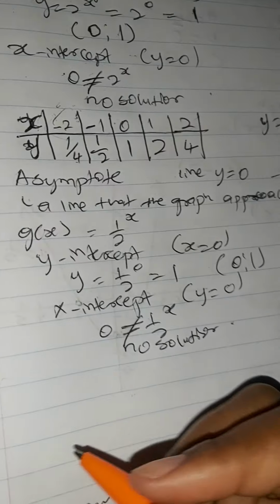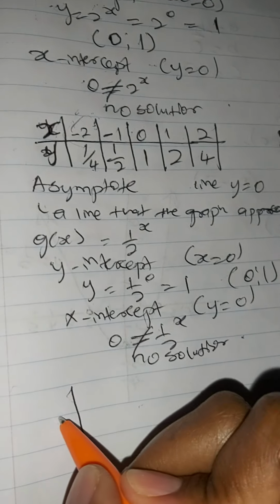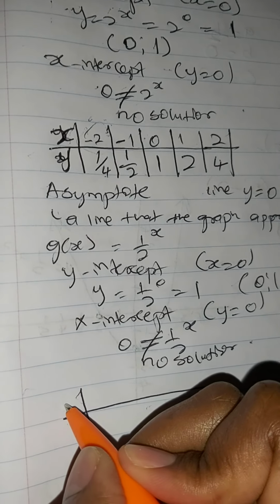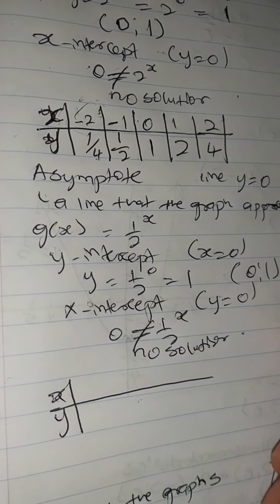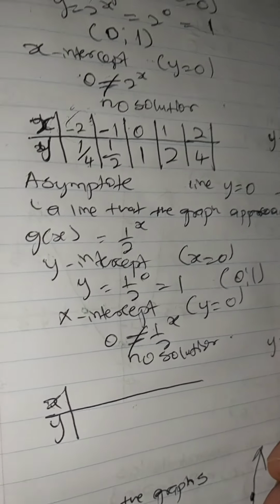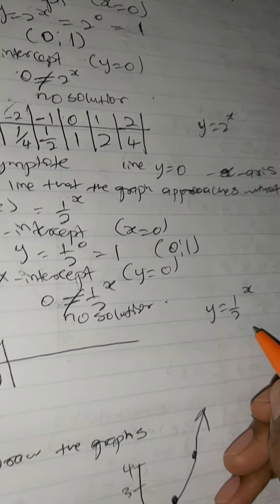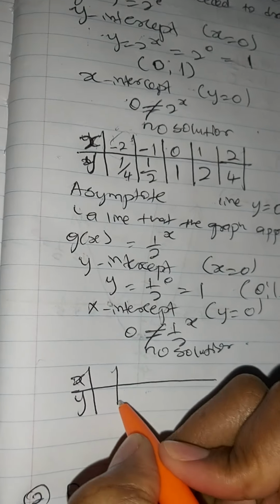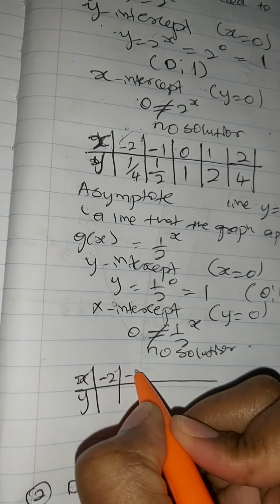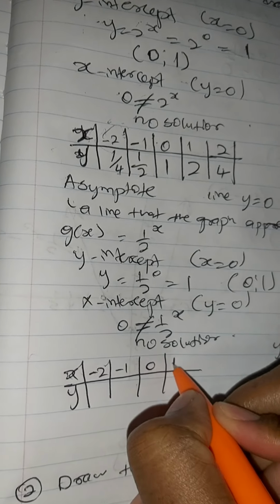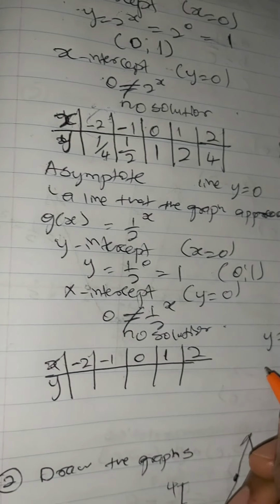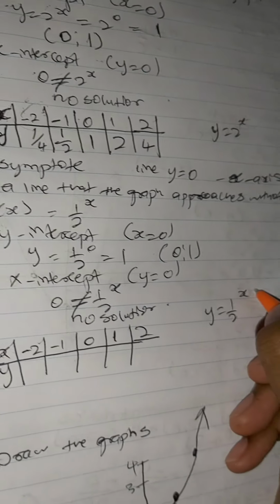Then from there, we do our little table and calculate. So it's x, it's y here. Our function is half exponent x. So we'll have our values -2, -1, 0, 1, and 2. So we're going to replace -2 here.